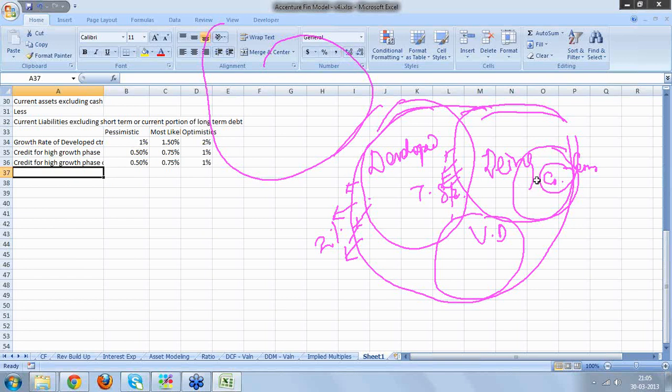So if there is still a high growth phase left before your company takes the same average as the sector, you give them another credit for the high growth phase of your own particular company. It's again the bare minimum that I will add. Control C, Control V.